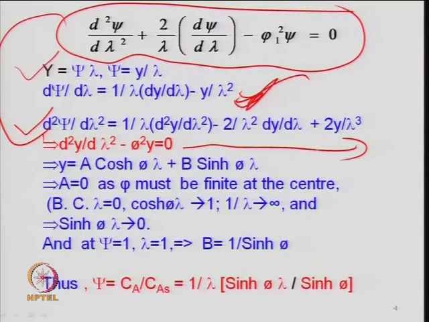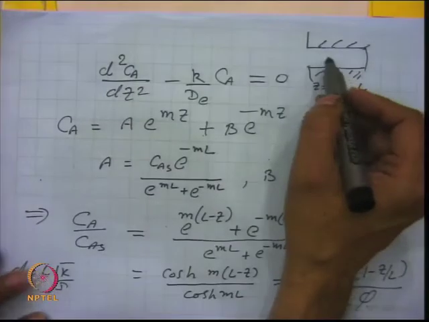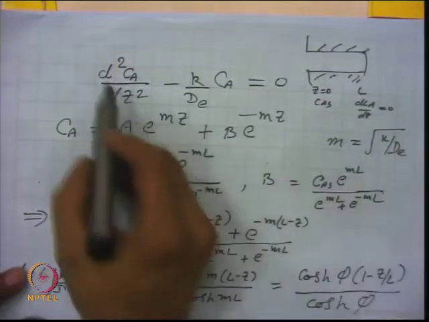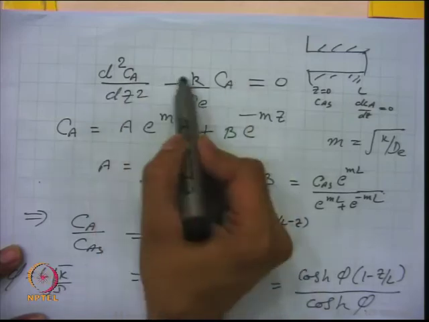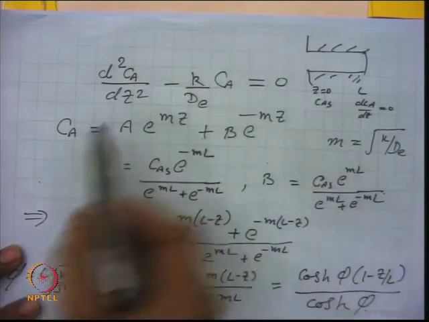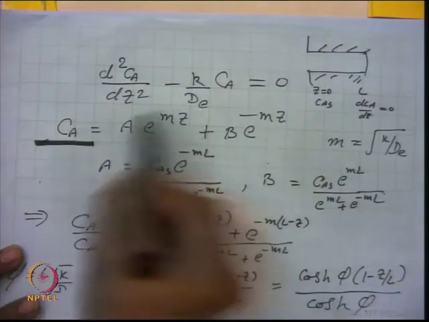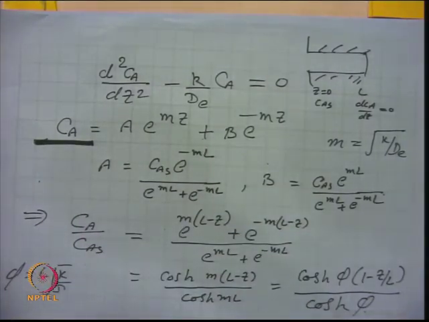So, again I will just recall how we observed that in the pore of a catalyst, the same equation we derived last time for a pore also. That time it was d 2 C A by d z square minus k by d times C A, a similar equation here. And the solution of this kind of equation can be written in this form also, or in hyperbolic function form.